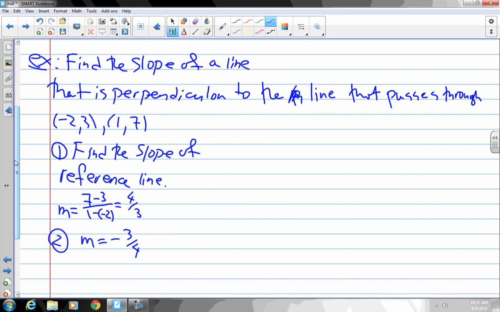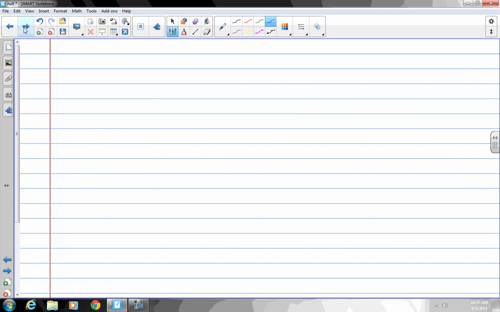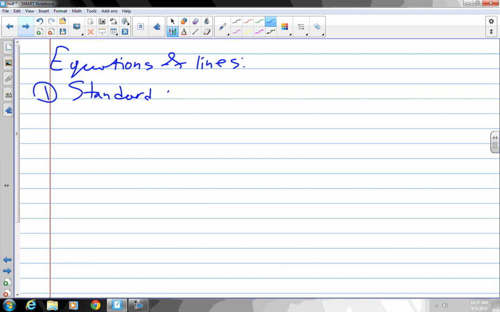Feeling good? All right. Okay, so let's talk about equations of lines. So the first type of equation, it's ugly. I'm going to list it here, and we're hardly ever going to use it. It's called standard form. There's nothing special about it.